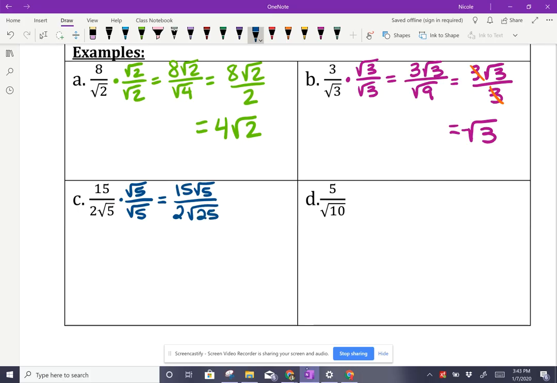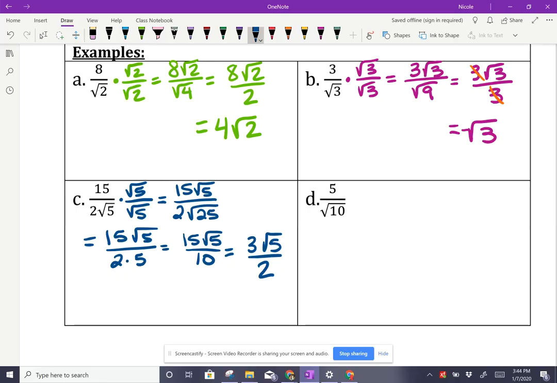Now we're going to simplify this. We've got 15 root 5 in the top. We've got 2 times the square root of 25, which is 5. So that gives us 15 root 5 over 10. And then I can simplify this because 15 and 10 are both divisible by 5 and reduce to 3 root 5 over 2.